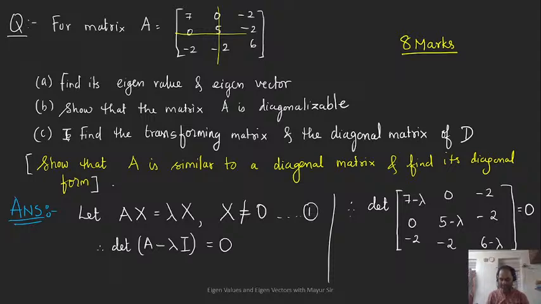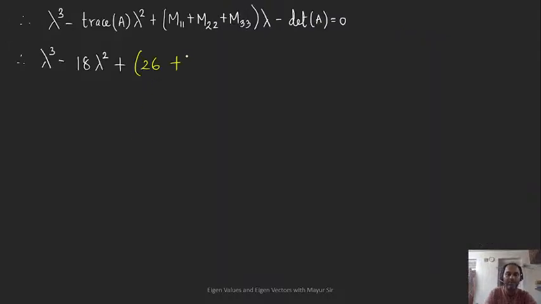You can use the calculator if you are allowed one. 7 times 6 is 42, so 42 minus 4, you got 38. We have the answer 38 here.